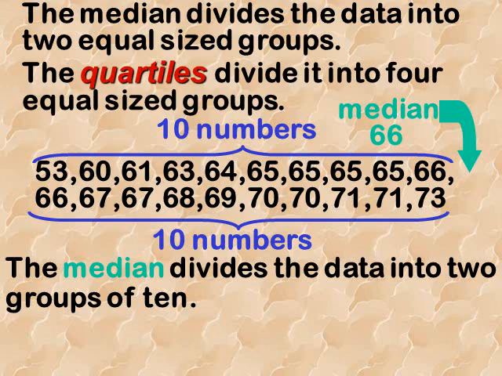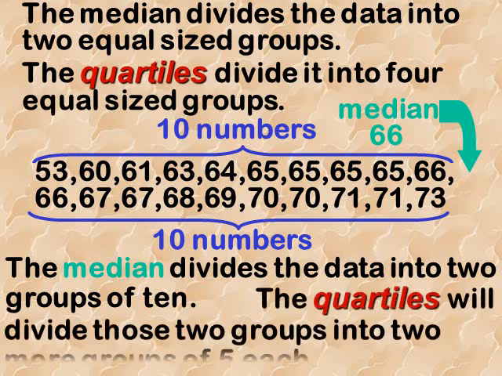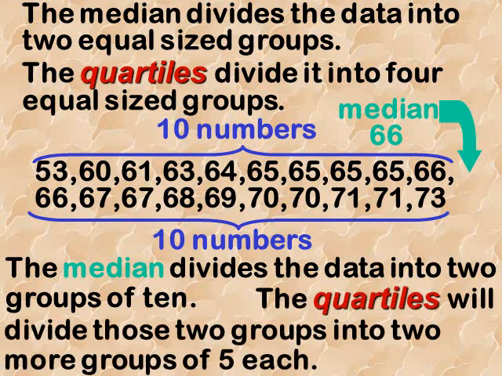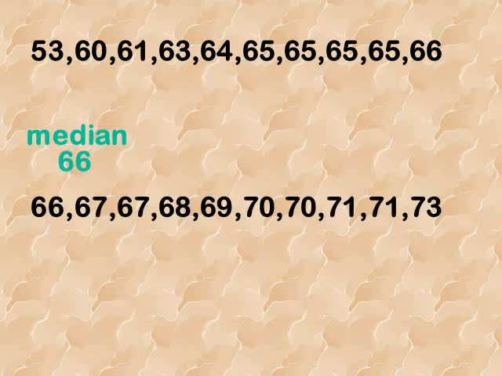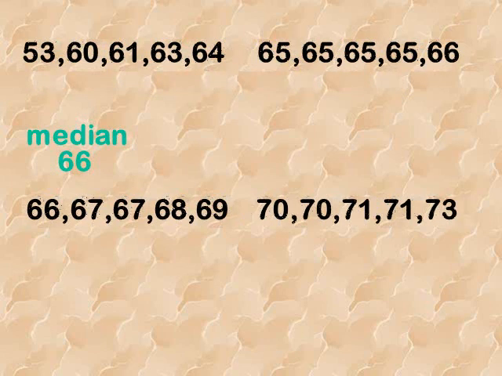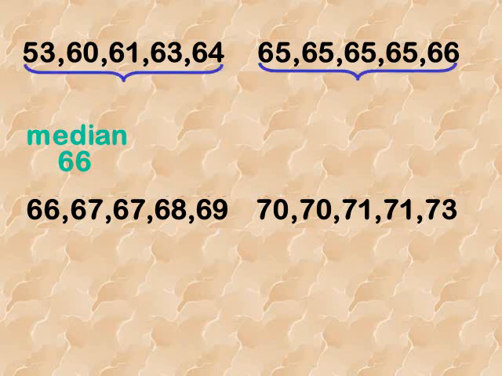Quartiles divide our group of data into 4 equal-sized groups. The quartiles will divide those two groups of 10 into 2 more groups of 5 each. Our median is 66. Our first quartile is going to be between 64 and 65.